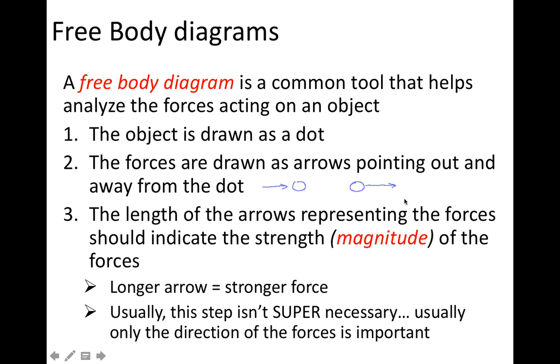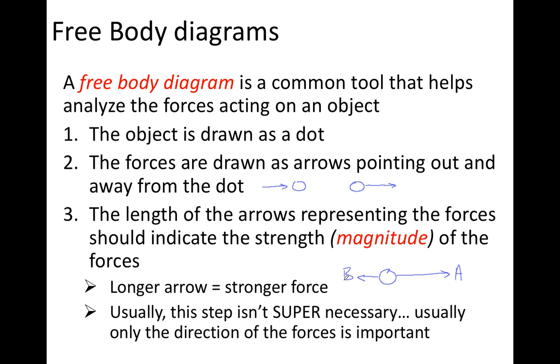The third step is to worry about the length of the arrows. Now, we don't always have to worry about the length of the arrows. Sometimes that's important, but it does help visualize the forces acting on the object and which forces are stronger. And the length of the arrow is supposed to represent the magnitude or the strength of the forces. So if we have two forces that are acting on an object and one force is stronger, we would draw the arrow representing the force as longer than the other one.